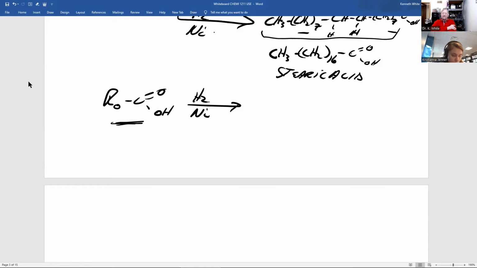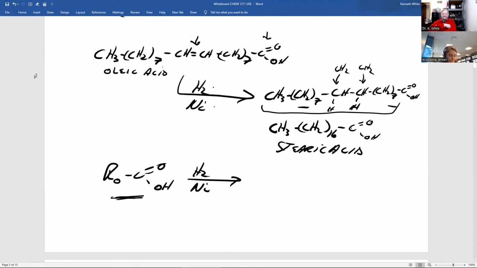When you're done, give me a thumbs up. Remember, a carboxylic acid will not react with hydrogen nickel catalyst. Well, I see a quiet, and I'm in the library, thumbs up.